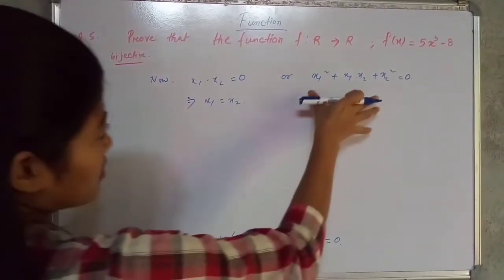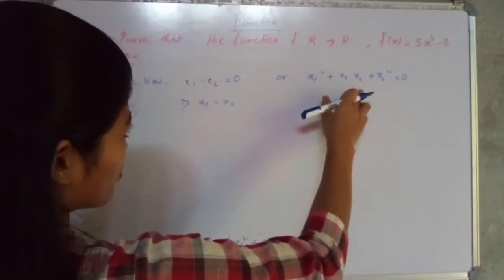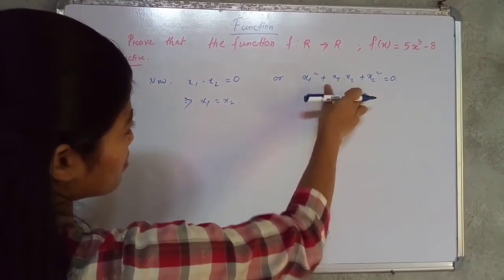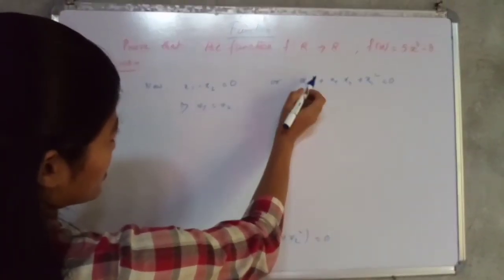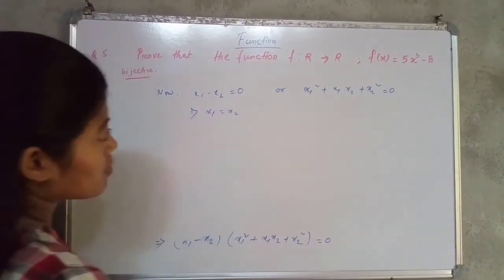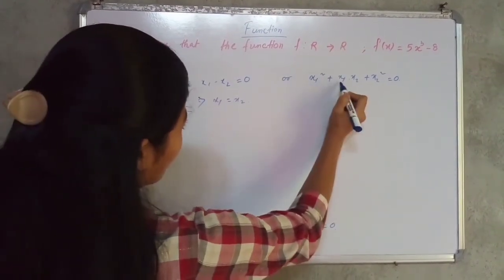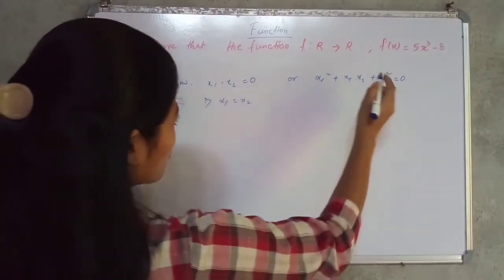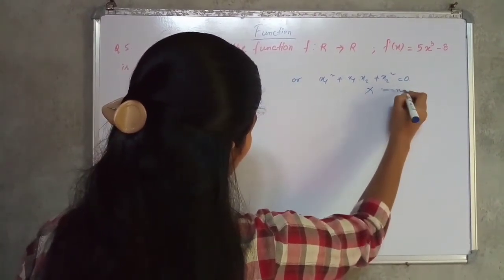But can the expression x1 square plus x1 into x2 plus x2 square be 0? Obviously not. Since x1 square and x2 square are square terms, x1 square plus x2 square is greater than or equal to 0, and the expression as a whole cannot be 0, so this is not possible.